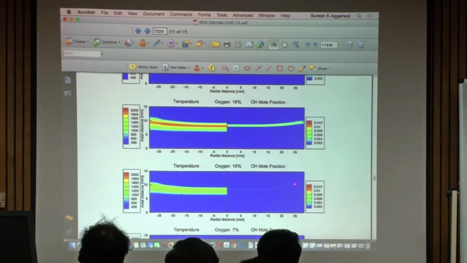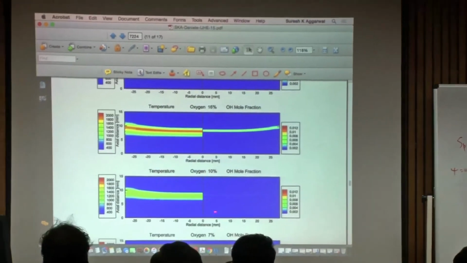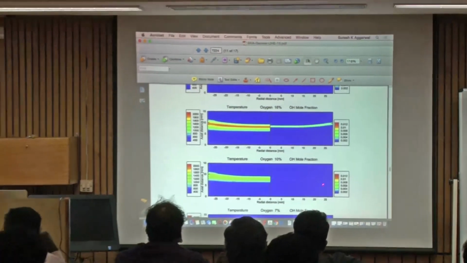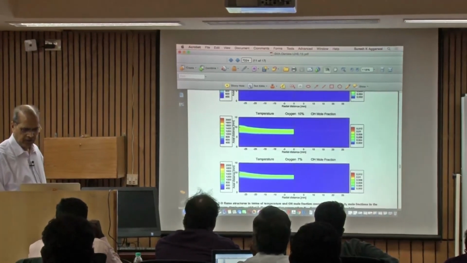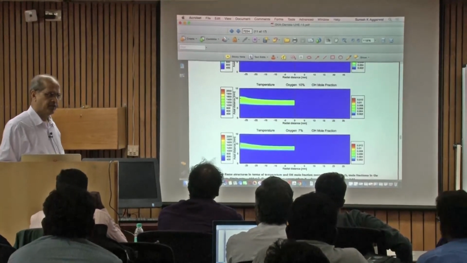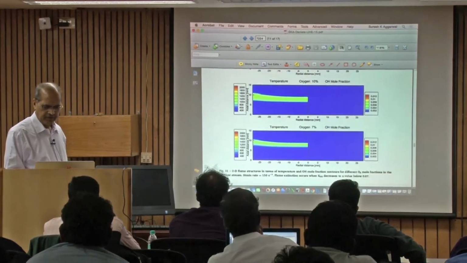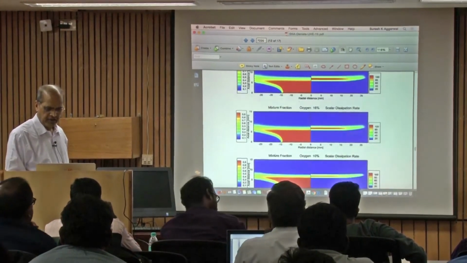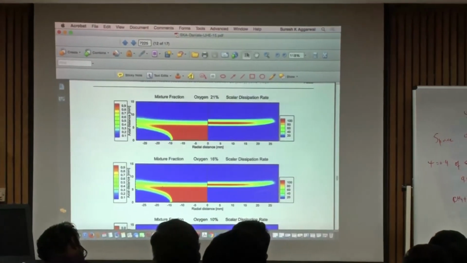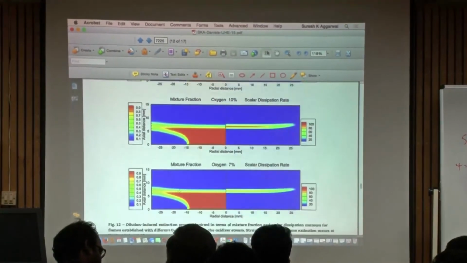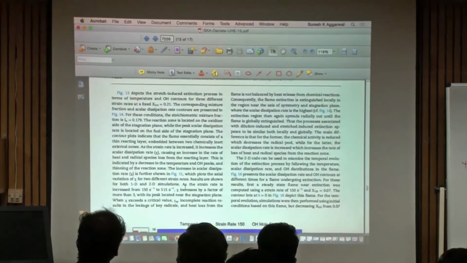At 10% you can see that the OH radical species concentrations have become very small, and the flame is close to extinction. At 7%, the flame is extinguished. So that's the minimum oxygen concentration for this particular flame. The last result I will show you here.